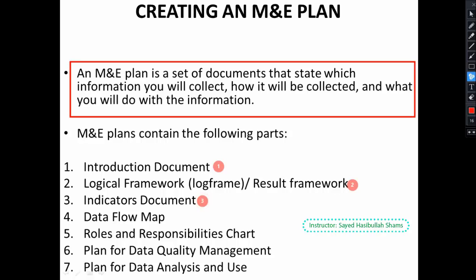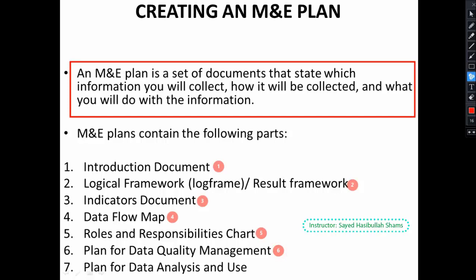Number 4, data flow map. The data flow map describes how data will be collected, stored and used. Number 5, roles and responsibilities chart. The roles and responsibilities chart explains who will be responsible for M&E activities. And number 6, plan for data quality management.